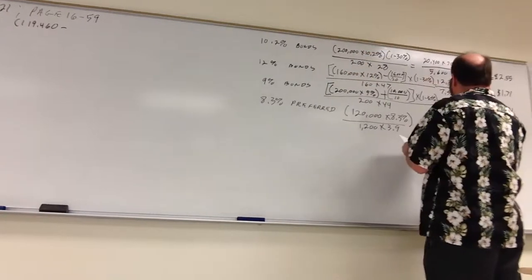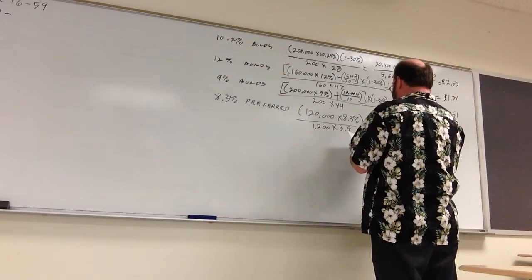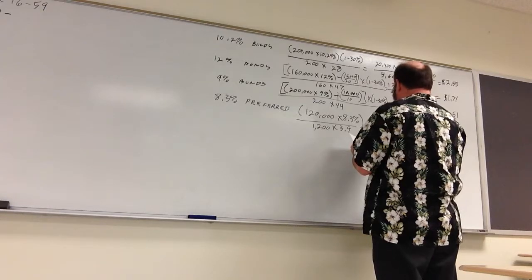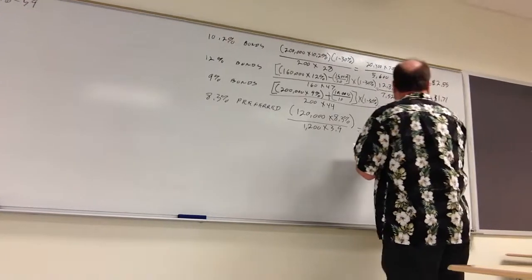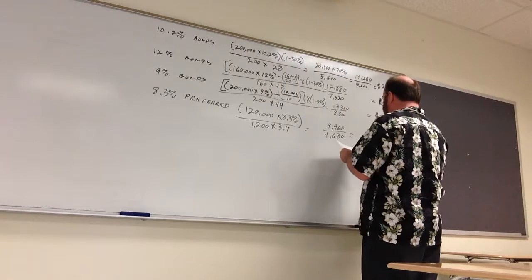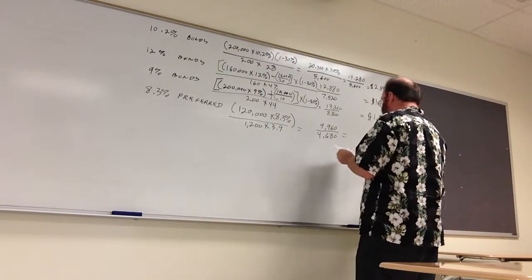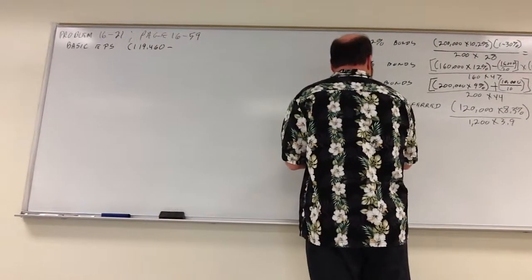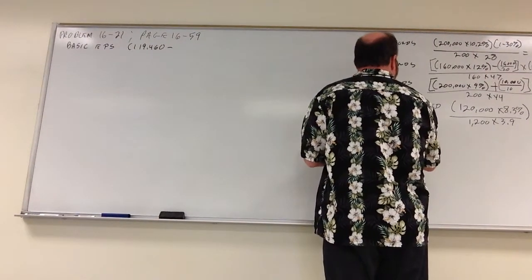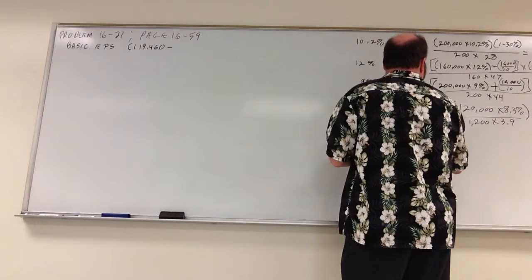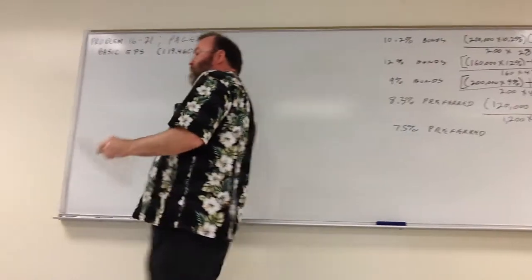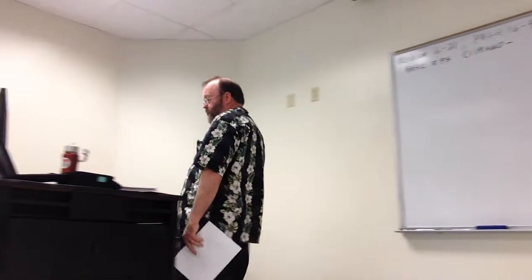So that's 9,960 divided by 4,680, or $2.13. And then the very last one is a 7.5% preferred. This one, 180,000 par value.